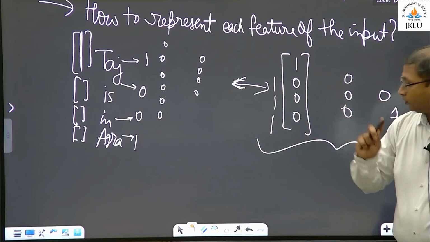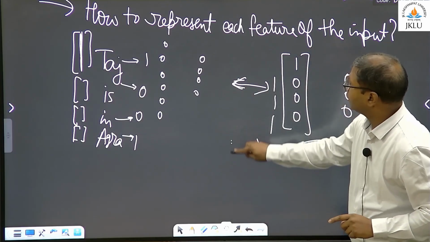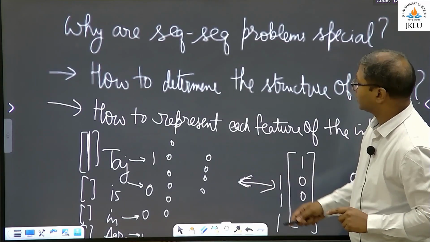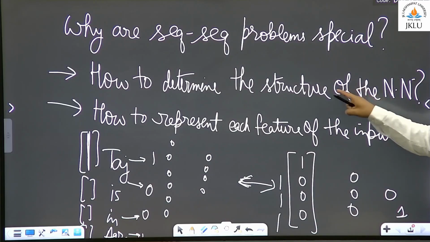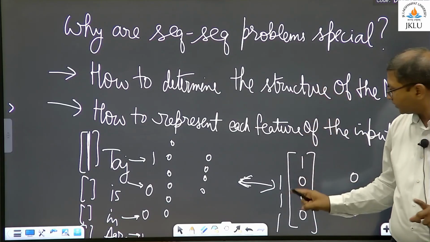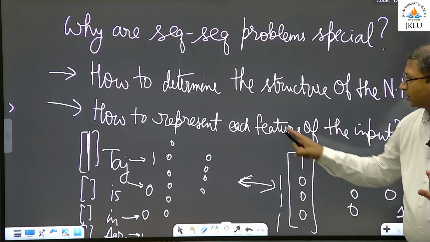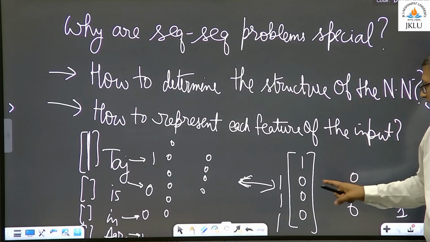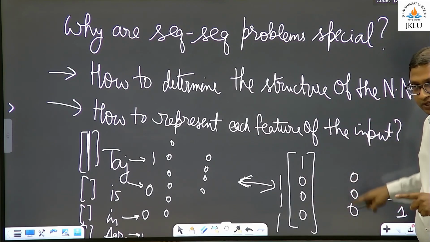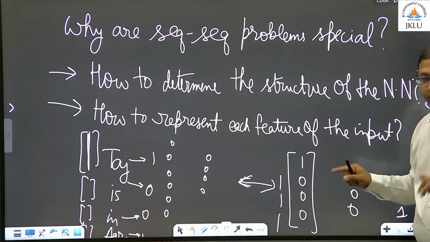So now I'll talk about this problem: how to represent each feature of the input. How to determine the structure of the neural network? We are almost there. But how to represent each feature of the input? I could add more structure to this, but maybe not today.